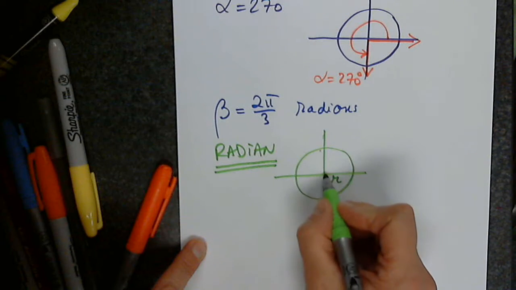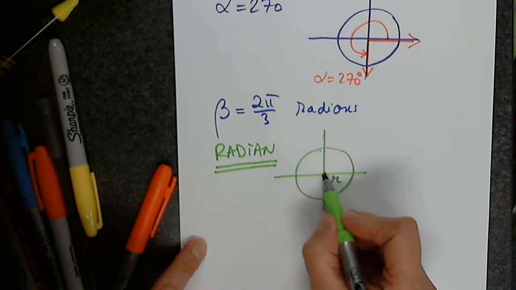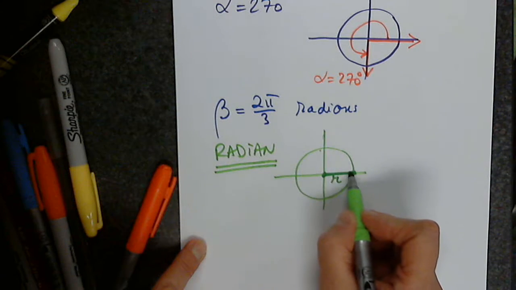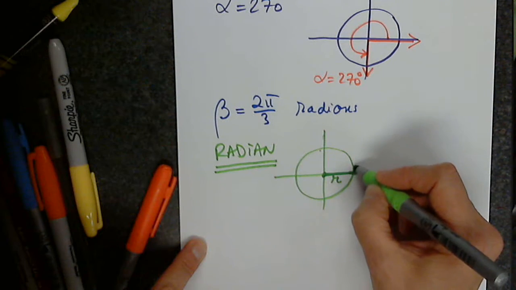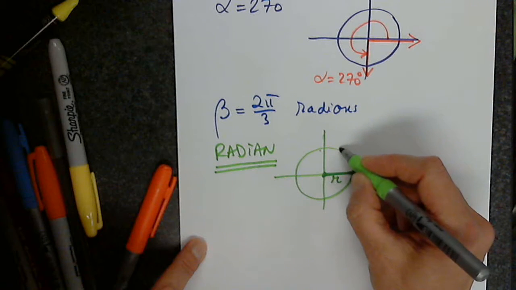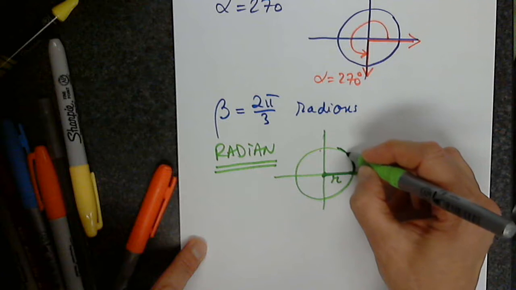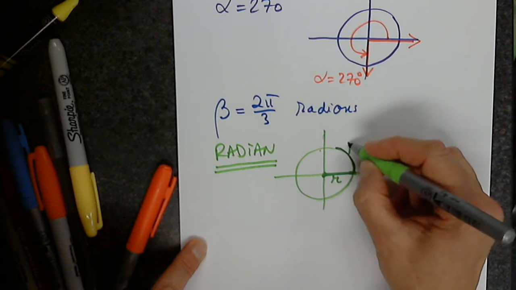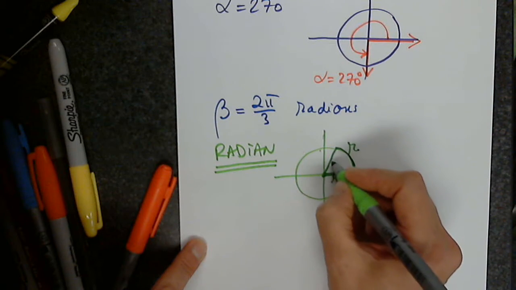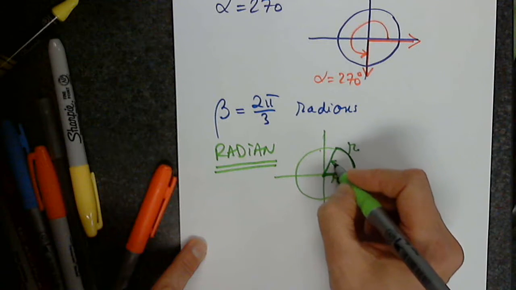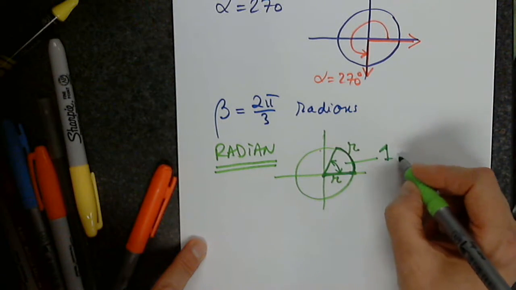If I measure the radius, so this is the length of the radius, right? And then I put it on the circle. So I measure this, and this will be equal to r. I stop here because this is r. This angle has a measure of 1 radian.